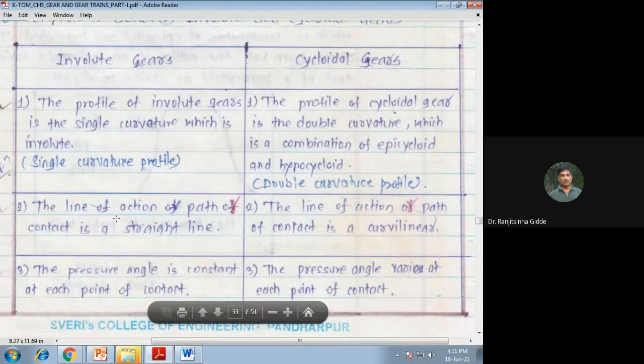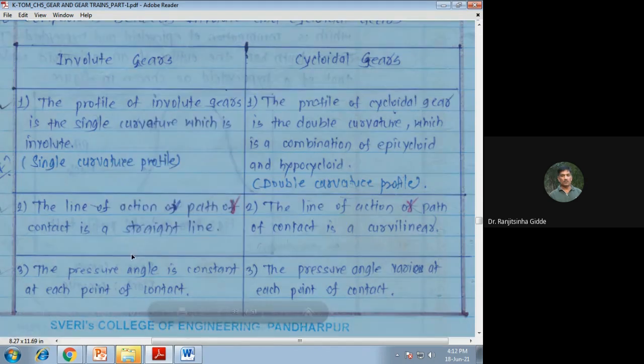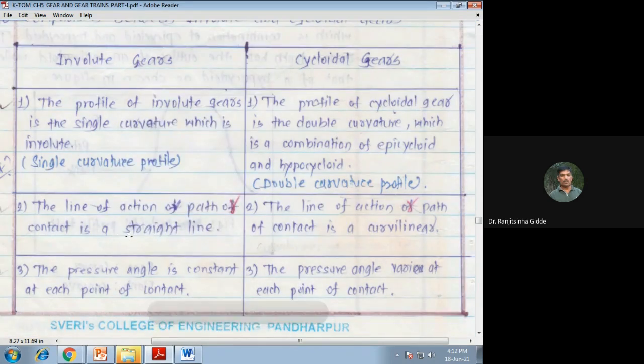The line of action or path of contact with respect to the involute is a straight line.